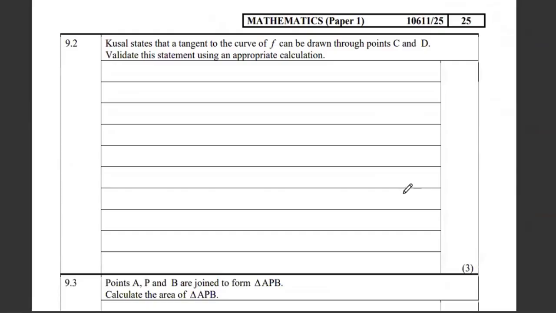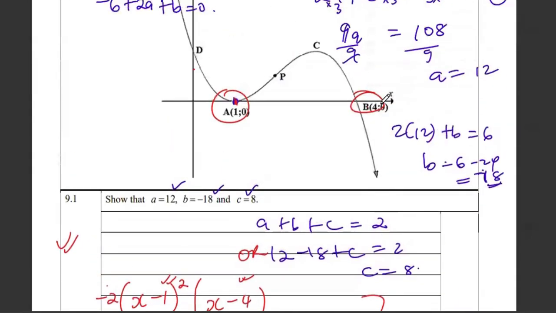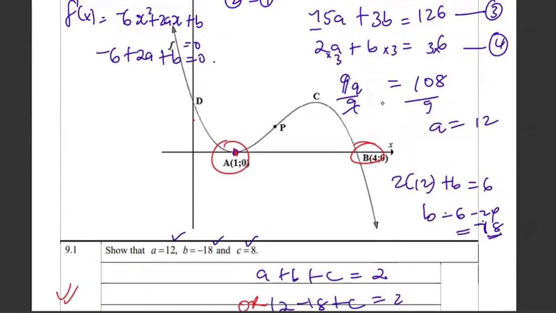Next, they're telling us that this person states that the tangent to the curve of f can be drawn through points C and D. Validate the statement using the appropriate calculation. So a tangent to be drawn through points C and D. Where is C? This is C. Where is D?